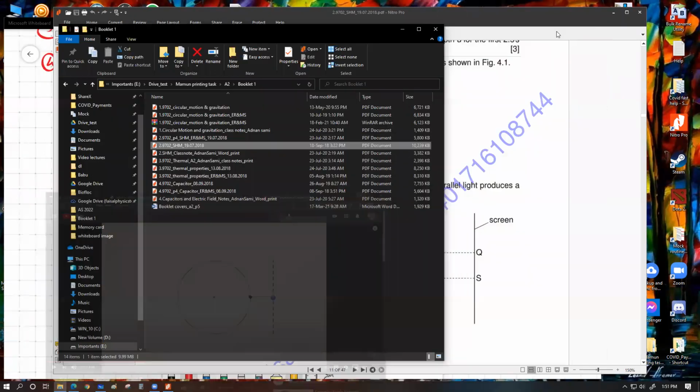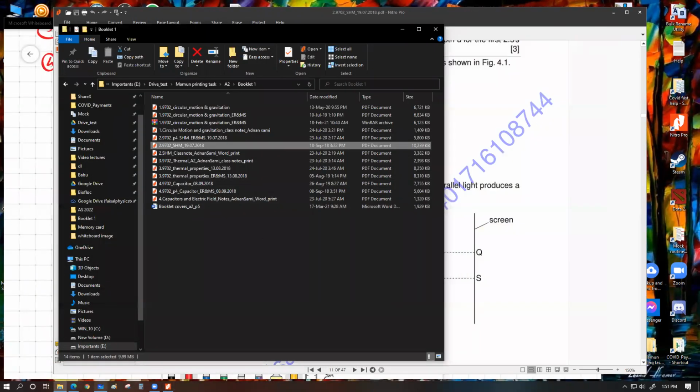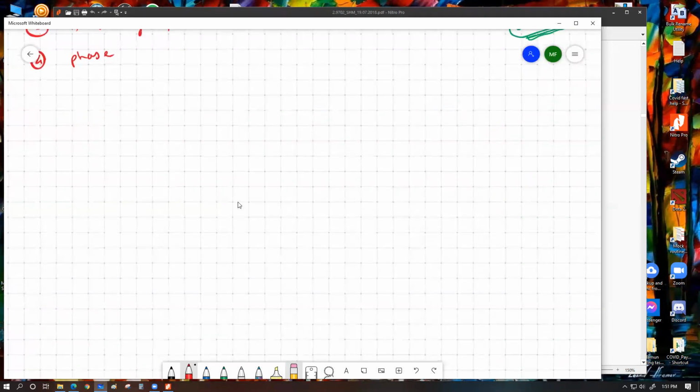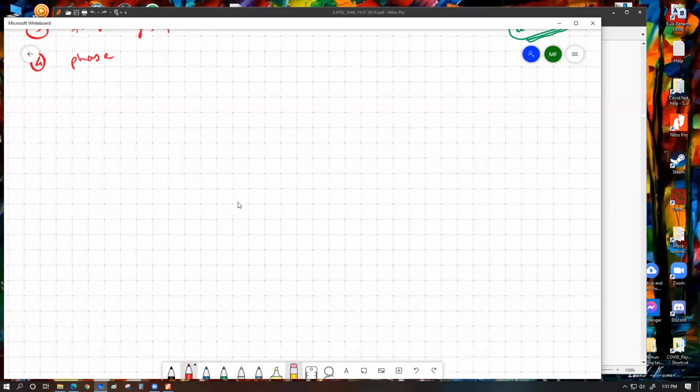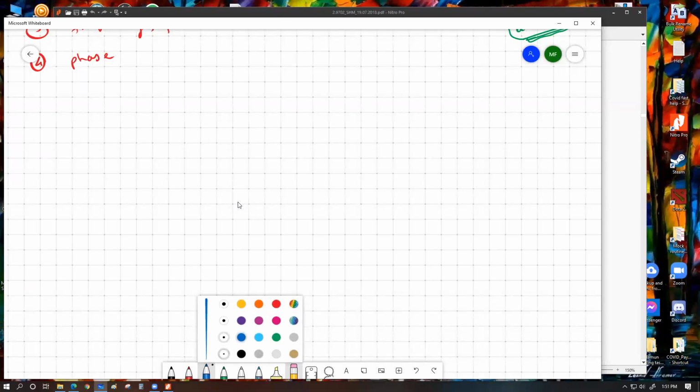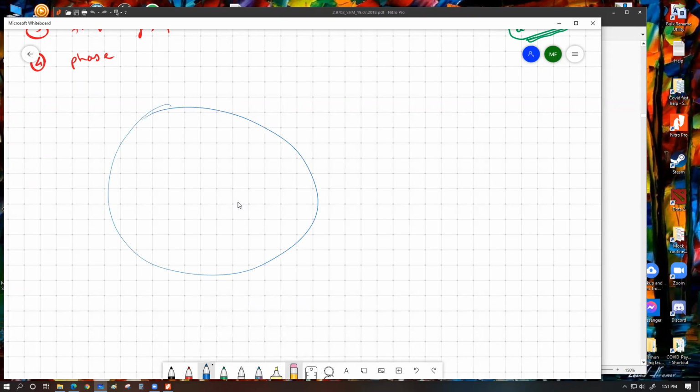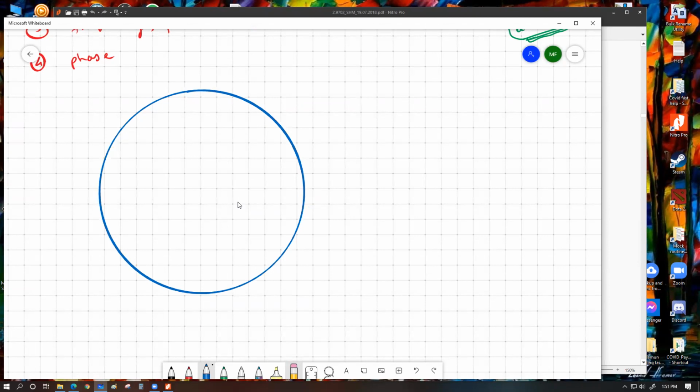So how does this whole thing work? Let's have a look at the whiteboard, and I'm going to give you some properties. I'm going to choose a bit smaller thickness for the circle. Make it a circle. Beautiful.